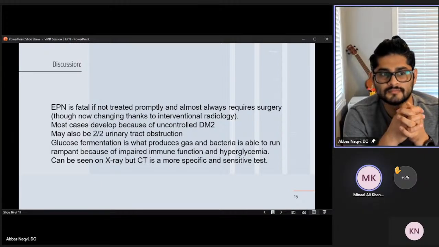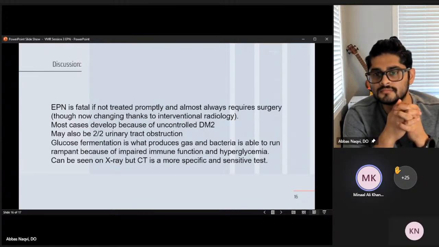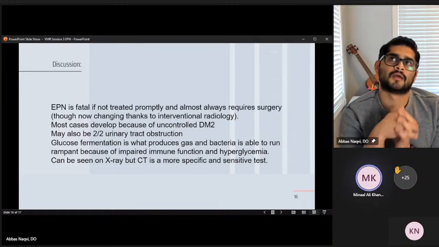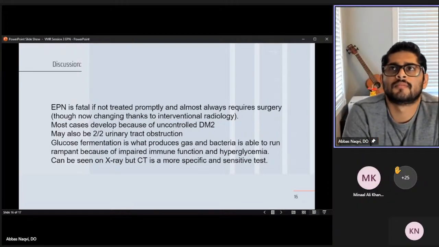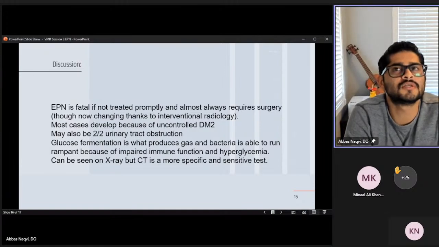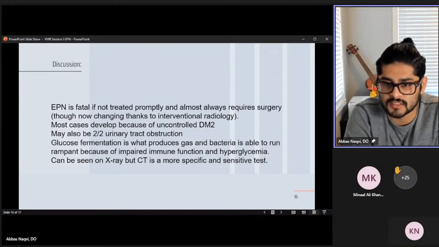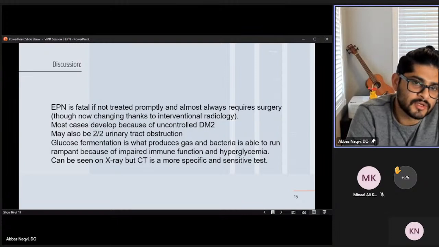Yeah, because I work with a urologist, and a lot of his patients with diabetes have a nephrectomy done. So that's why I was wondering if that's related. It depends. Even with an infection, you don't get a nephrectomy unless it destroys the kidney like this, and they would get it more inpatient when they're really sick.